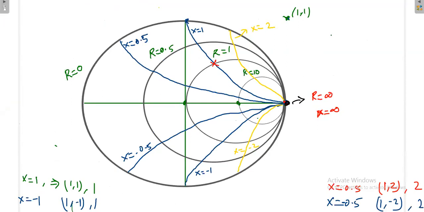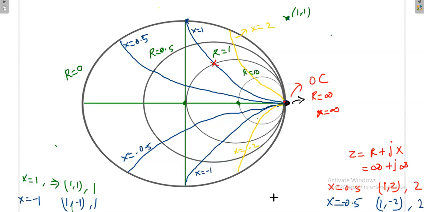Because when I have Z equal to R plus jX, if both are infinite, can I call this point an open circuit point? This point is called what, sir? Open circuit point, because at that point R is also infinite, X is also infinite.